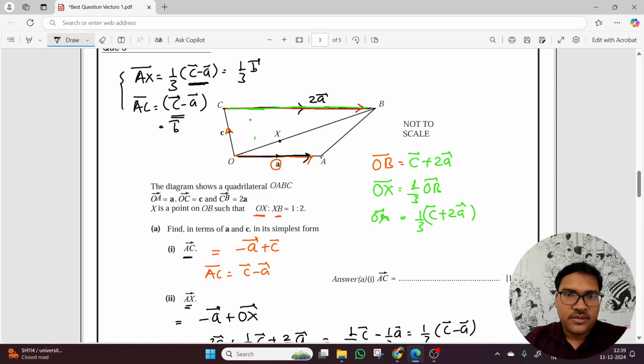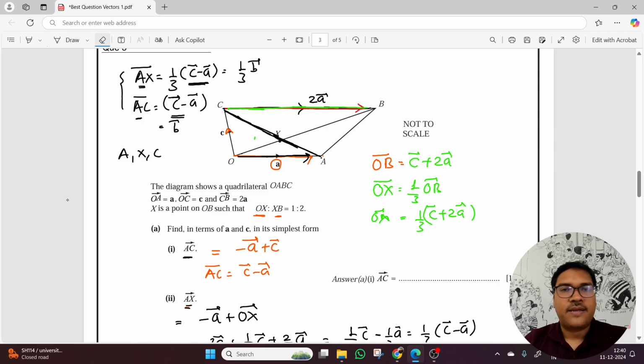That means these points A, X, C will be on a straight line because AX vector and AC vector are parallel to the same vector. So this is what proves that points A, X and C lie on a straight line. That is how you can show this.